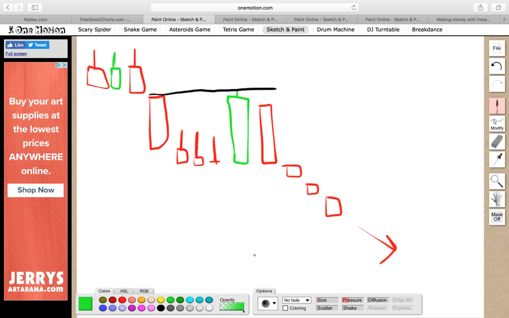So the first bad strategy, I don't really know what to call it, but I just call it the pulling the trigger too quick strategy. Let's take this hypothetical situation and imagine that we've got a support level here, and then we have a bearish signal signifying that the market is switching directions.